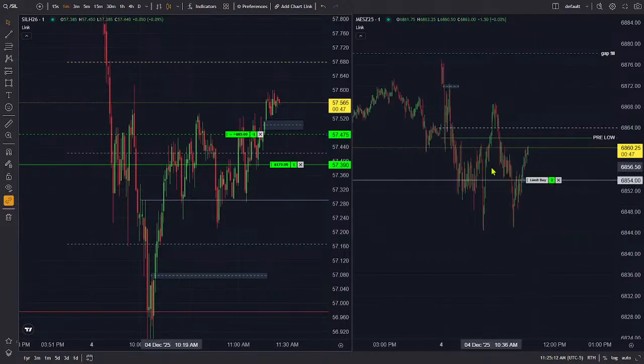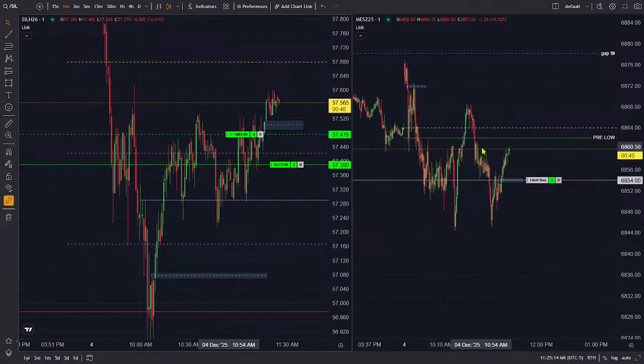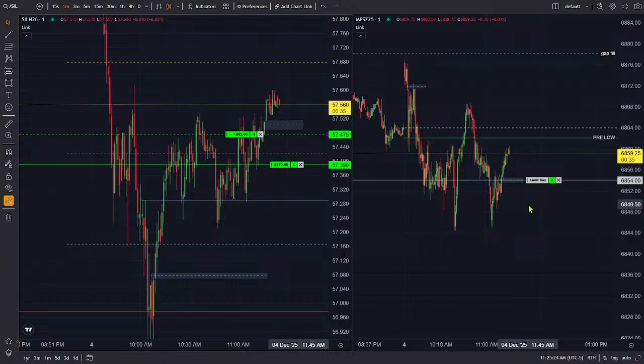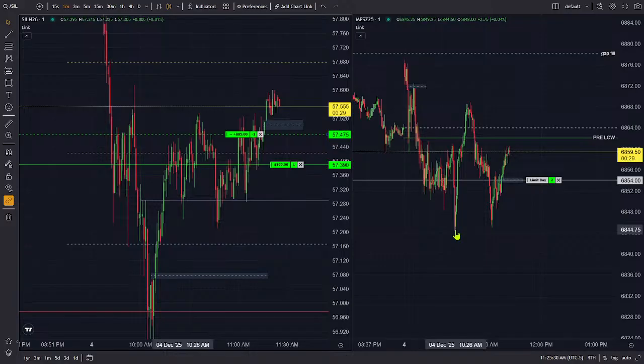ES is taking this high. Not an aggressive move up by any means. This could just be another attempt to push higher that fails. But right now I'm viewing this as an attempt to push lower that failed.